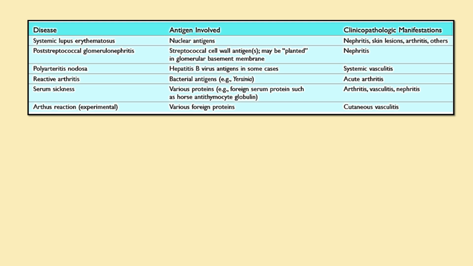Now let's talk about type 3 hypersensitivity reaction. The examples are systemic lupus erythematosus, then reactive arthritis, serum sickness, Arthus reaction.